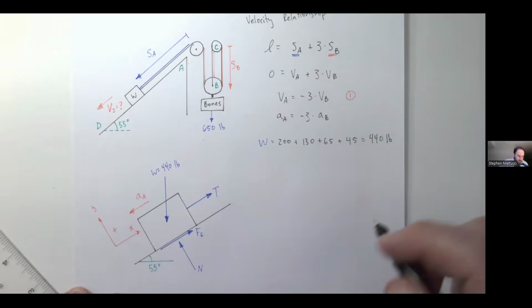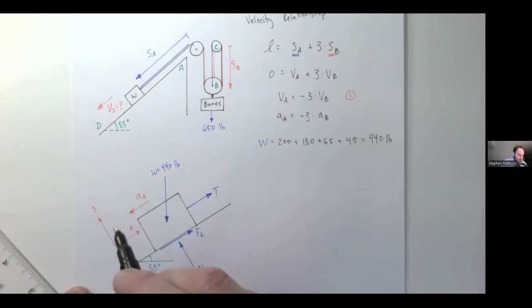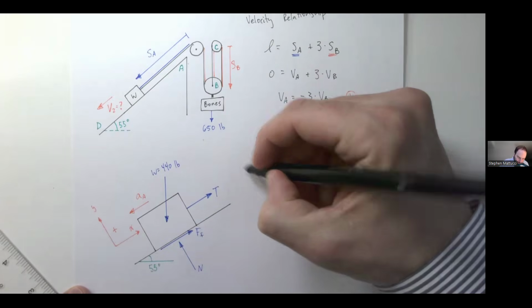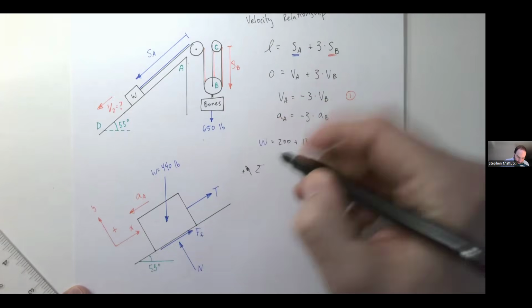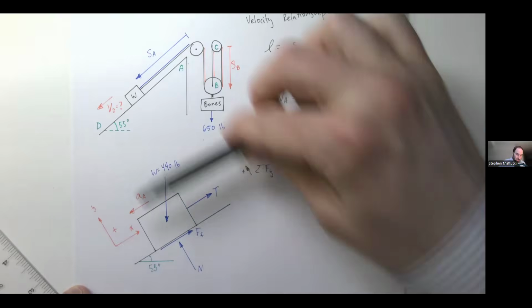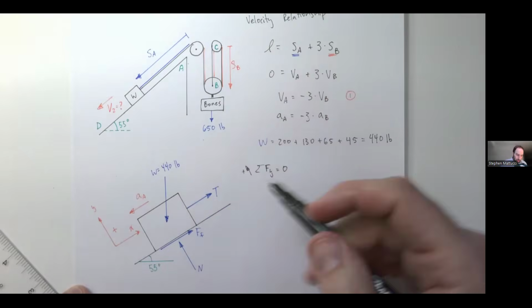So our sum of forces in the y direction is going to be equal to 0. It's not moving in the y direction, it's only moving in the x direction.